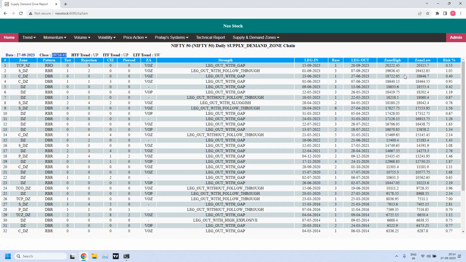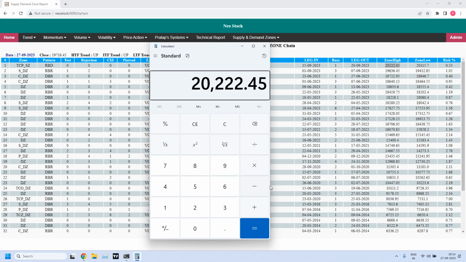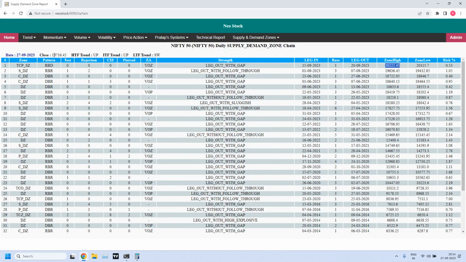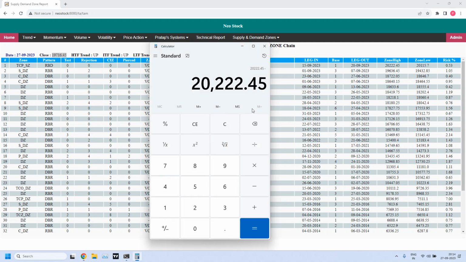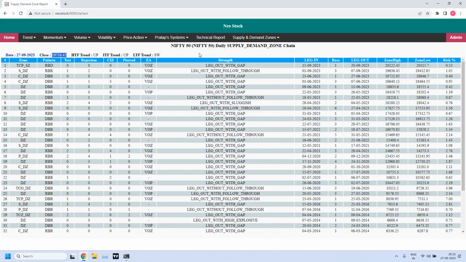The supply pushed the price from here, minus today's price. I'm comparing with only today's, since it even went below during the last week. So 506 points so far. That's why it's a powerful supply zone.